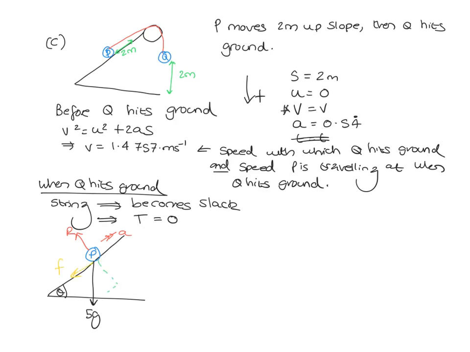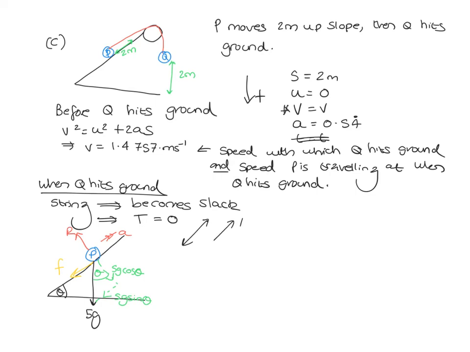Let's put in the two components of the weight again, so we have them ready for use. What we're going to do is look at the forces on particle P in the direction parallel to the slope.